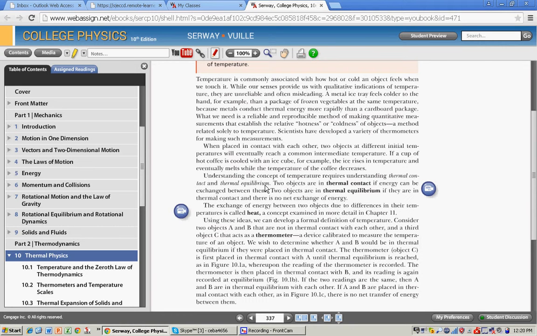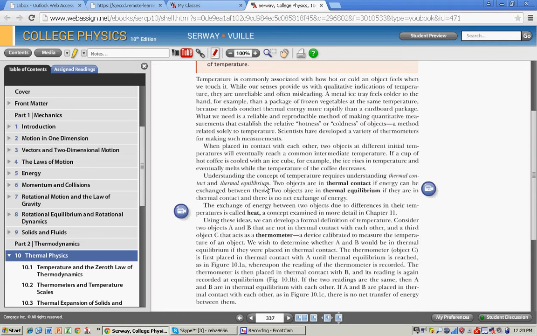What are thermometers? Thermometers are not just this little stick that has some mercury inside that expands as you put it in a hot environment, which is true. But a thermometer is anything that you place in contact with an environment, and as you do that, both the thermometer, which is your reference gauge, and the environment reach a common temperature.